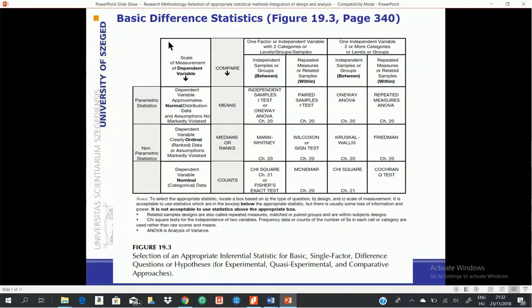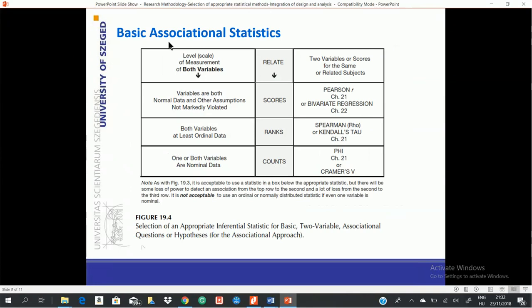For basic difference statistics, it's to compare one variable and another variable. For this figure 19.4, basic associational statistics is to find the relation between the variables.